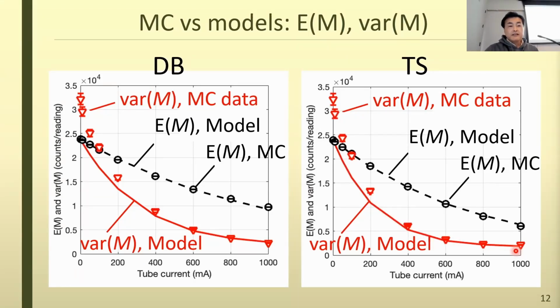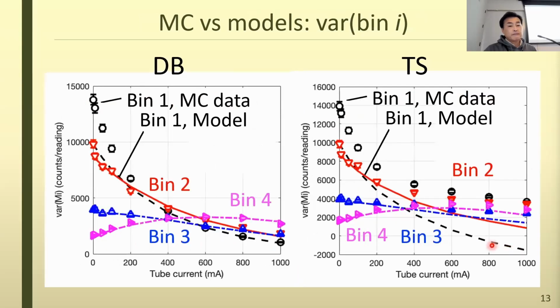Now, the challenge is the statistics of the bin data. On the left again is dB, on the right is TS, and let's focus on bin 1. Markers are Monte Carlo data, and the dashed line is the model. You see the disagreement here because of the charge sharing again. But as we increase the count rate, pulse pileup becomes a more dominating factor, and the model and the data agree quite well.